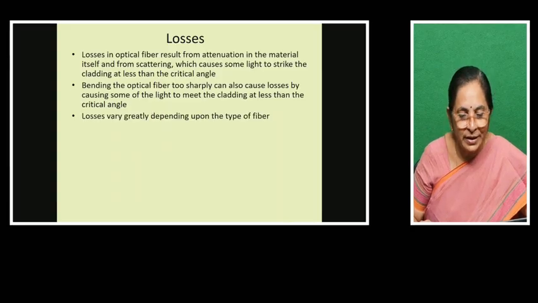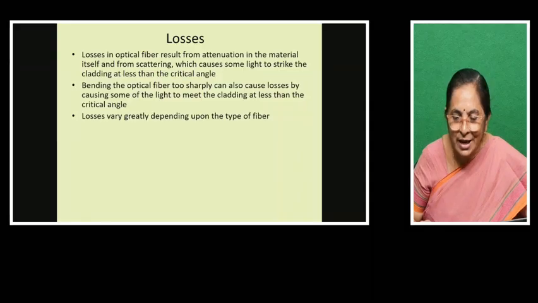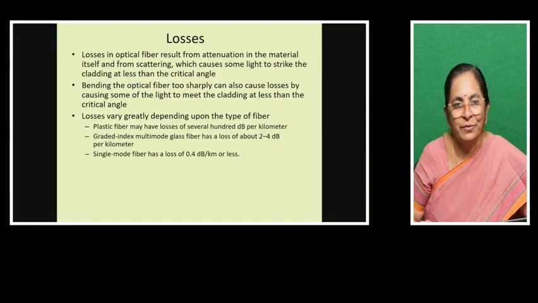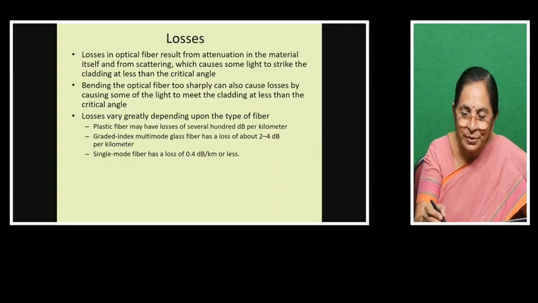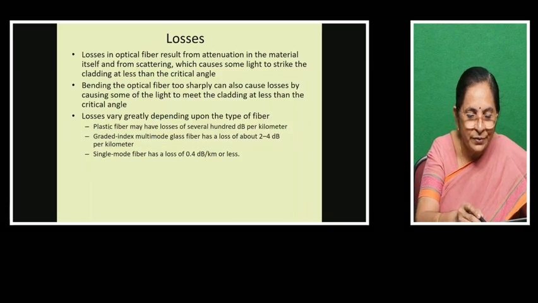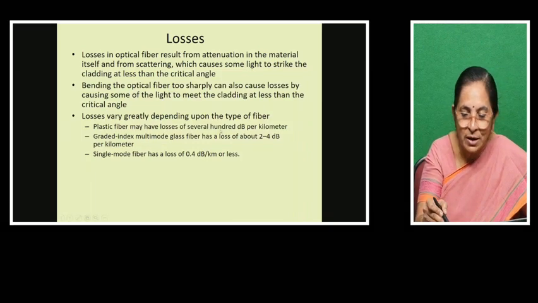And then losses vary greatly depending upon the type of fiber. By this time you will be able to tell multimode fibers will have a lot of losses, and these losses depend upon the type of fiber. Suppose you have a plastic fiber, it has losses of several hundred decibels per kilometer. Over a distance, the signal loss will be over several hundred decibels.